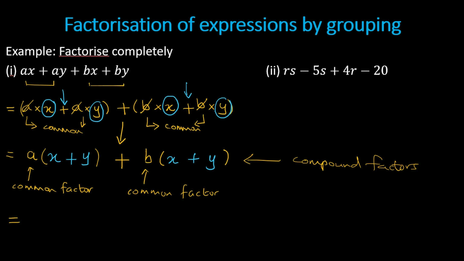Because you have x plus y which is appearing twice. It is an expression which is common. So we have to take out the expression outside a pair of brackets. Yes or no? X plus y has to be outside.